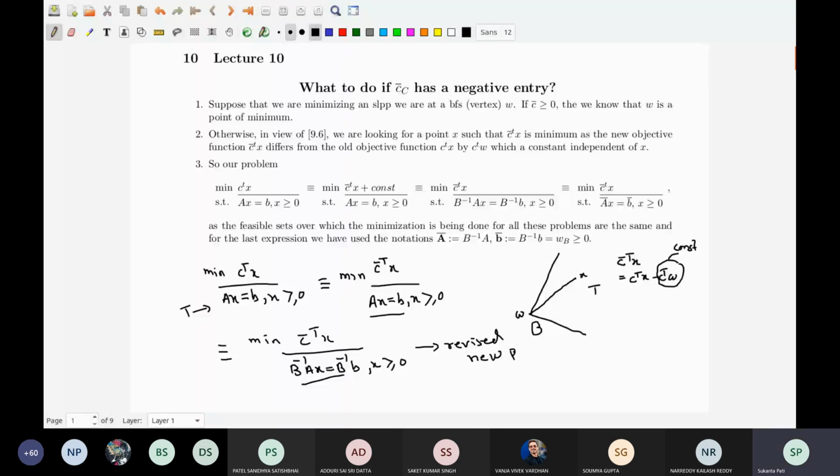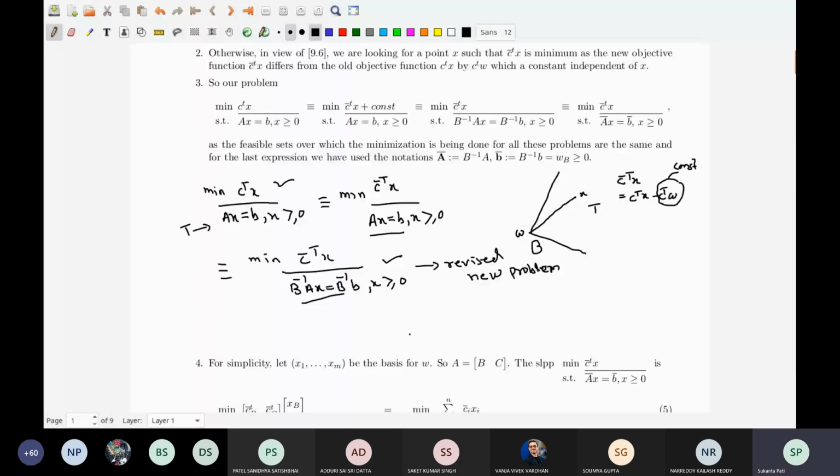So now, because of W, that BFS, I have got a revised new problem. And what I understand is that minimizing the first problem is the same as minimizing the last one. And this last problem we can represent by a table very nicely. But let me tell a little bit more about this B inverse AX.